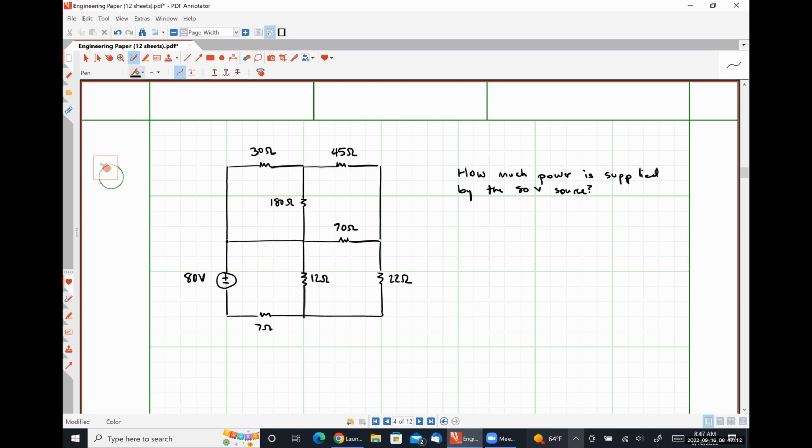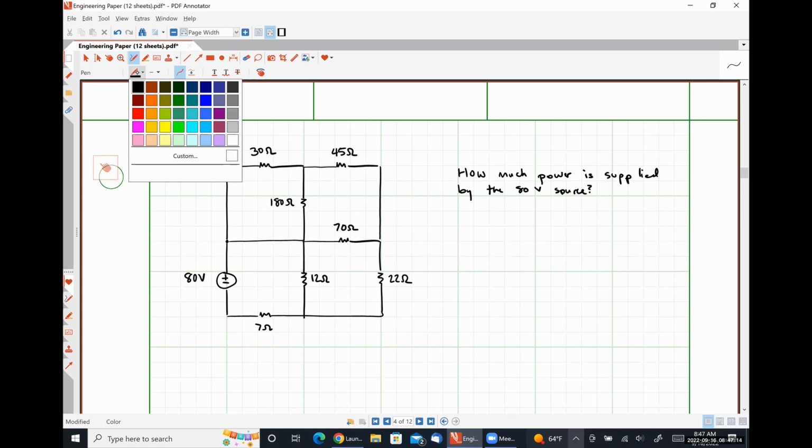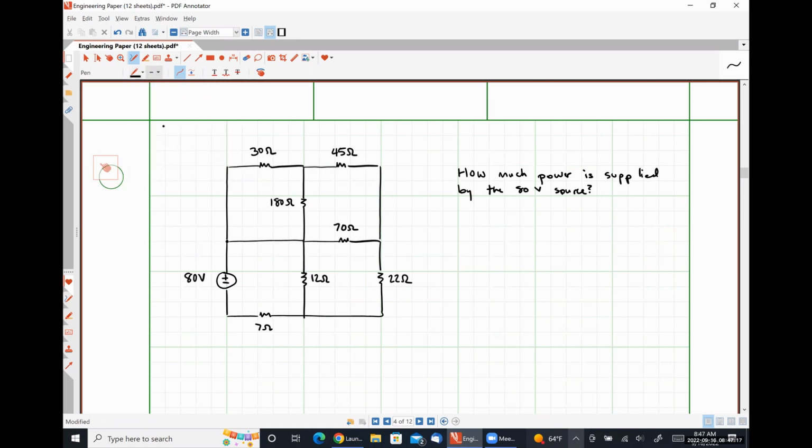Okay, so let's map out our different nodes. Let's throw some labels on things.